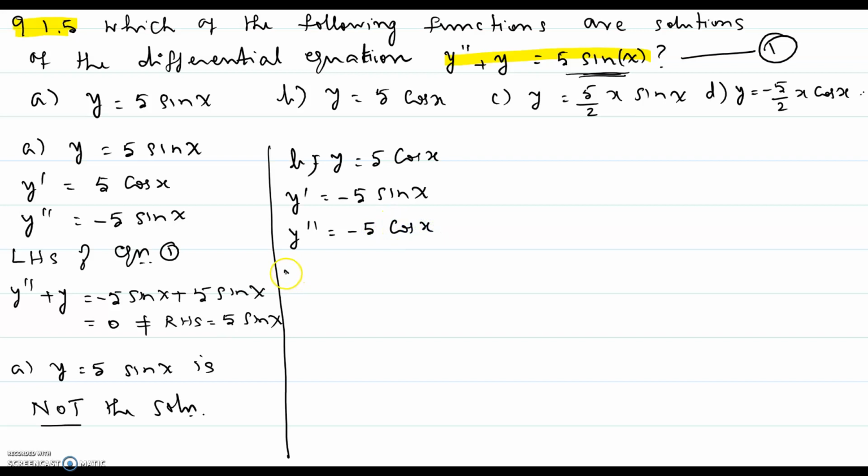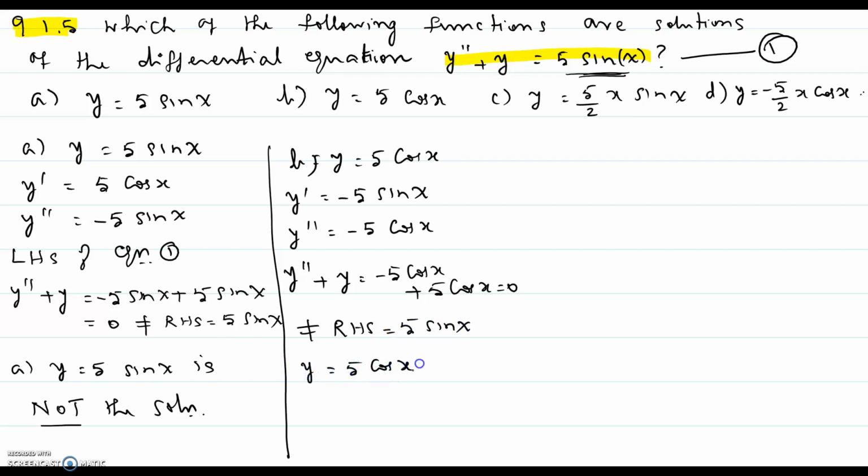So if we find the left hand side, y double prime plus y, which is negative 5 cosine x plus 5 cosine x, that is 0. So it is not equal to the right hand side, which is 5 sin x. So the conclusion is y equal to 5 times cosine x is not a solution either.